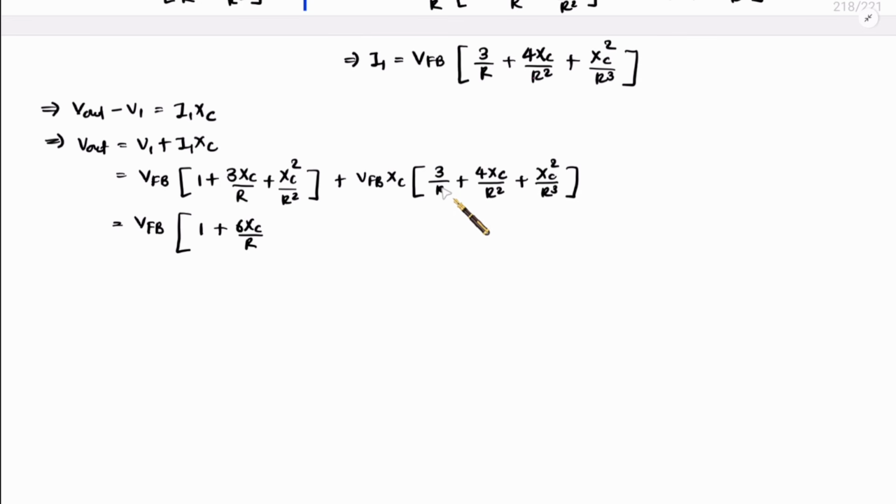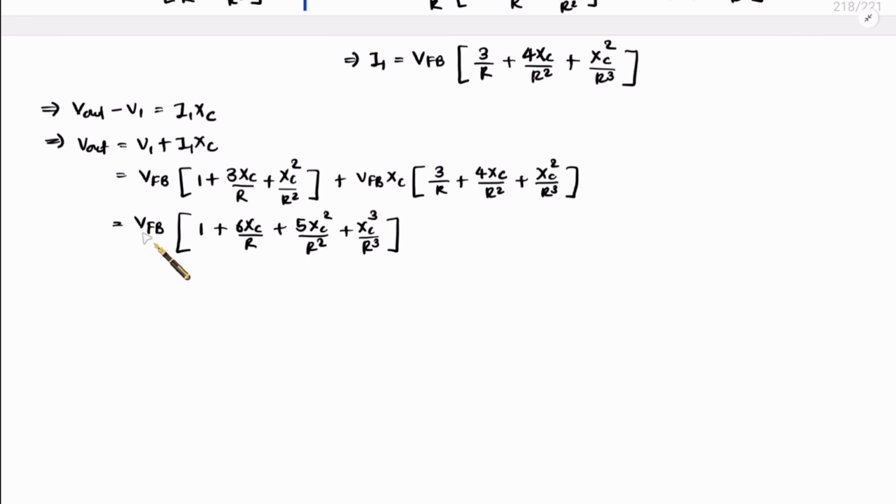Now here if you observe we have XC square by R square, and here we have XC into 4XC, meaning 4XC square by R square. So in total we have plus 5XC square by R square. So now we have considered these 3 terms and these 2 terms. Now this term is left. So this term is XC cube divided by R cube.